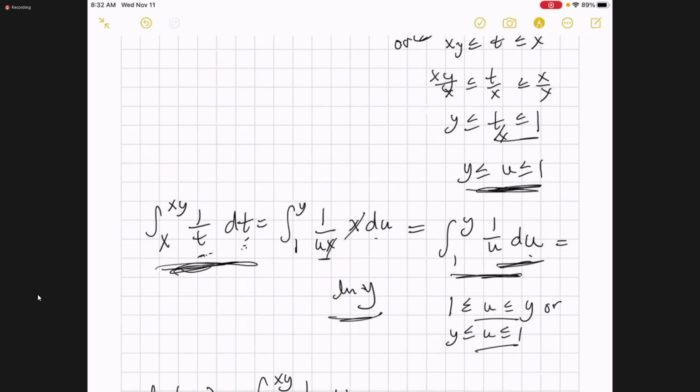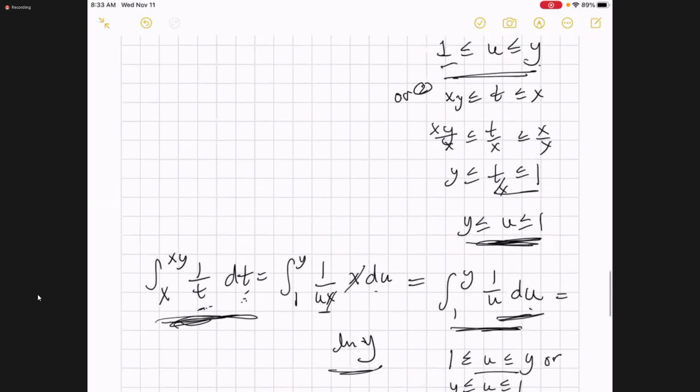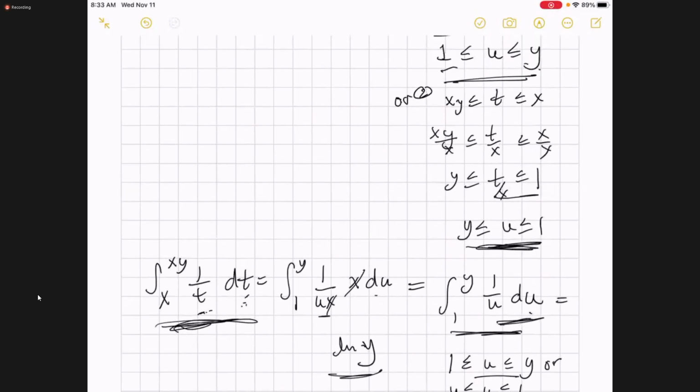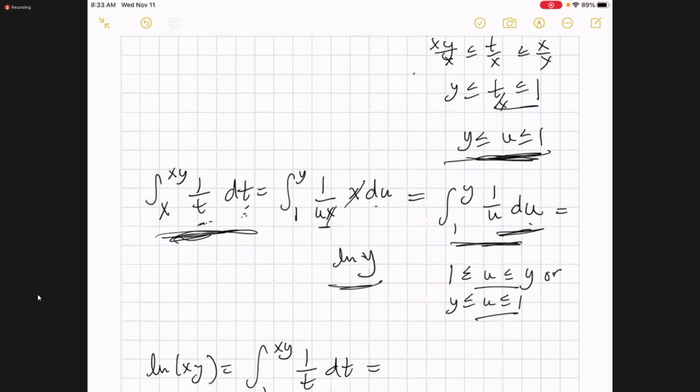And my new endpoints relative to u are 1 and y. So xy corresponds to a new endpoint of y. The x corresponds to the new endpoint 1. And we kind of went through the argument to show that. Okay, but this gets me there.